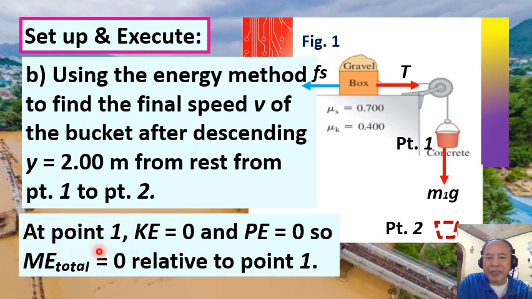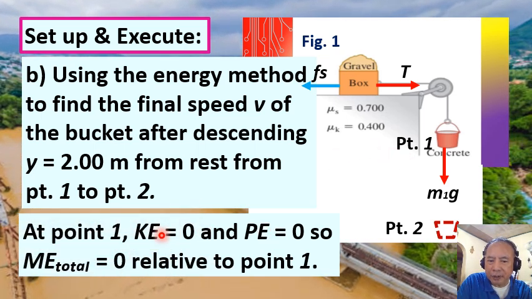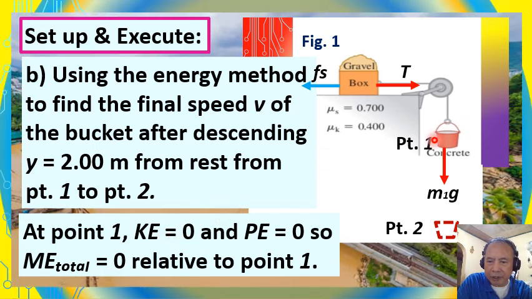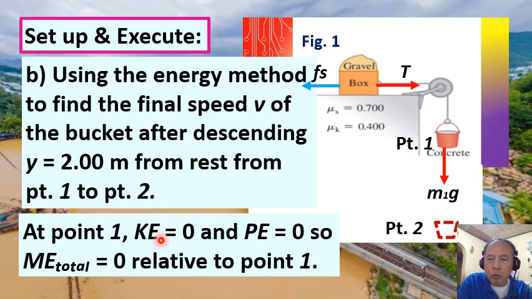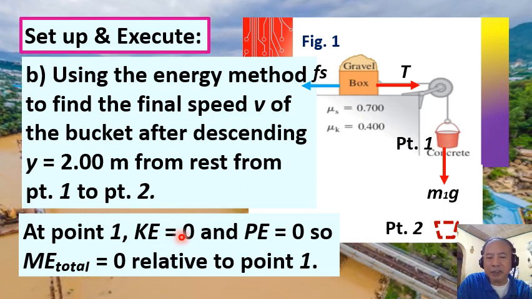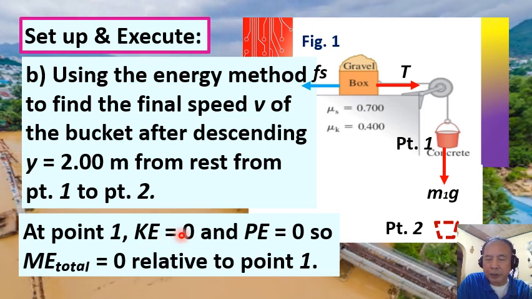And we take note that initially, at point 1, the system, meaning the box and the bucket, have no initial speed, and so therefore their kinetic energy must be equal to 0.